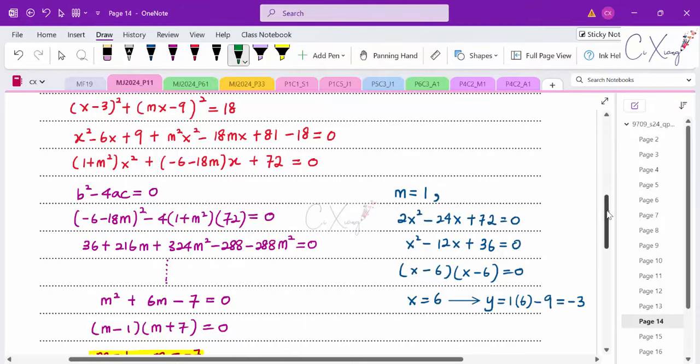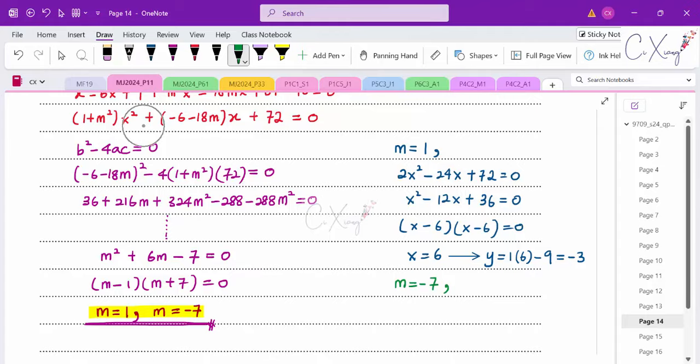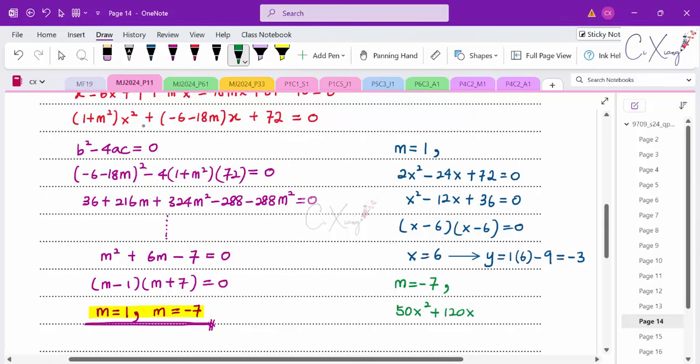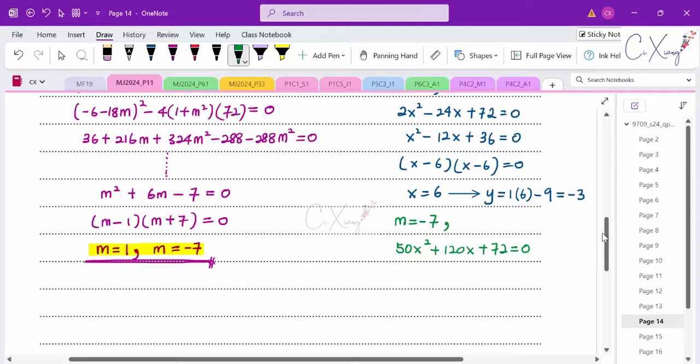After that, we are looking for the second set. When m equals negative 7, what are the coordinates for x and y? Same thing happens: substitute negative 7 into this equation so that you can solve for x. So I'm having 50x squared plus 120x plus 72 equals 0 after you substitute. Then please try to further simplify it.